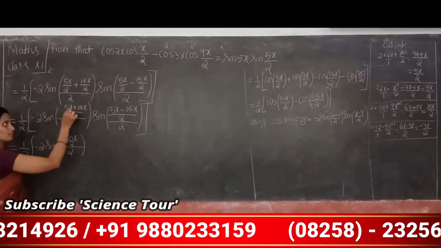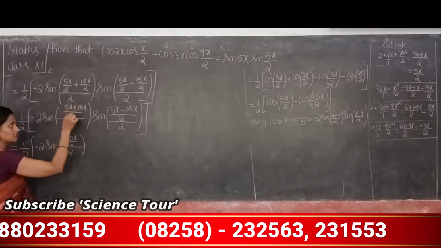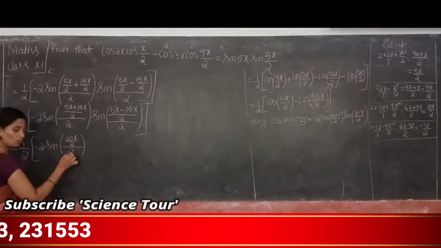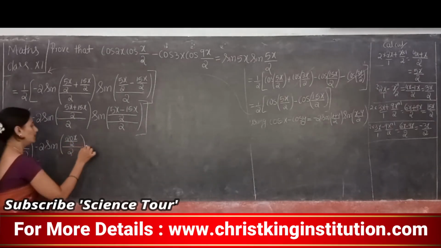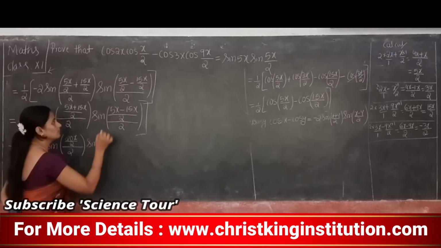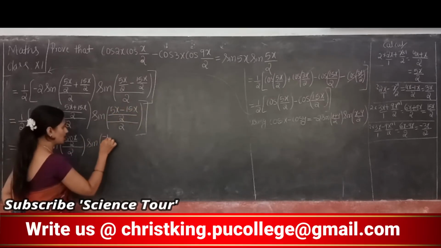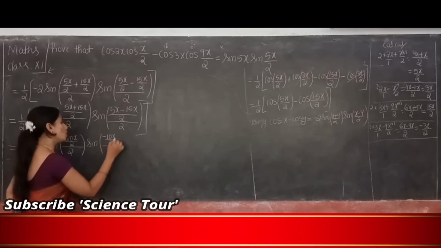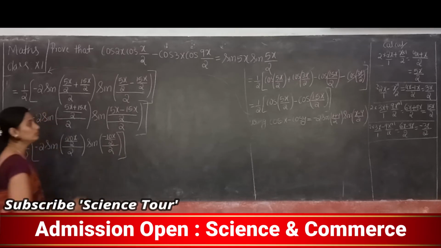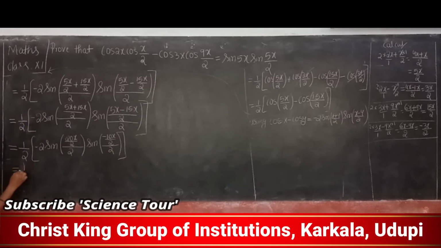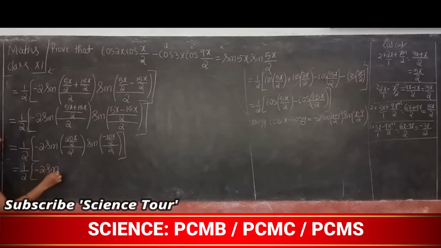Correct, no? 5x plus 15x divided by 2 is 20x divided by 2, whole divided by 2, into sin of 5x minus 15x, which is minus 10x divided by 2, whole divided by 2, and close this bracket. So now it is equal to half into minus 2 sin.